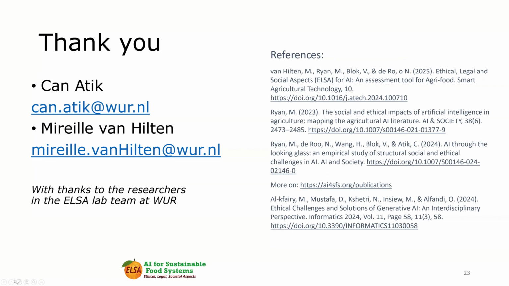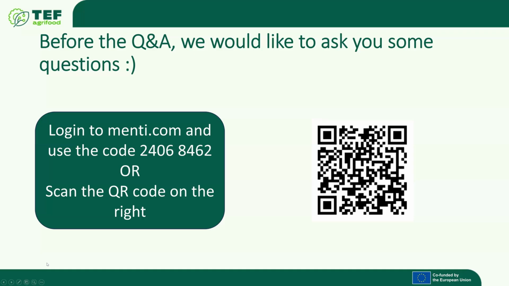And now we would like also to ask you a couple of questions about the ELSA scan. This will be a little bit more interactive, but I can assure you that the tool we're asking you to use is very easy. So what you can do is either scan this QR code that you have here, with your phone, or if you're using a laptop, you can type into your browser menti.com and then use the code 24068462.